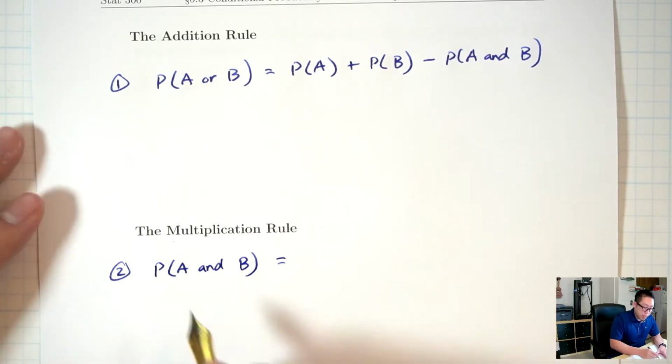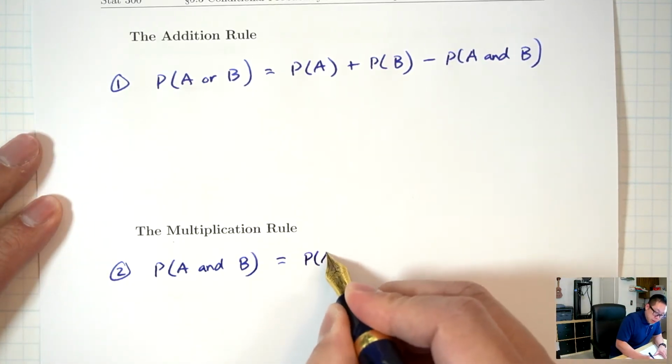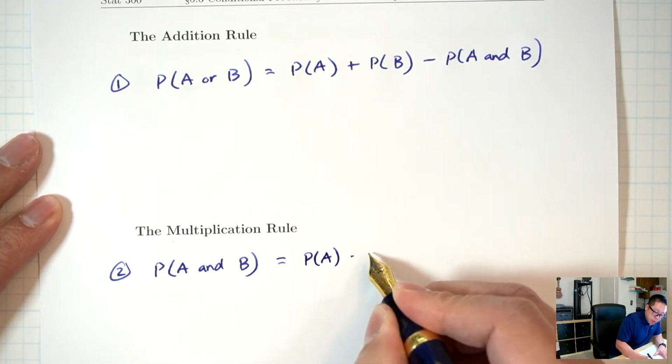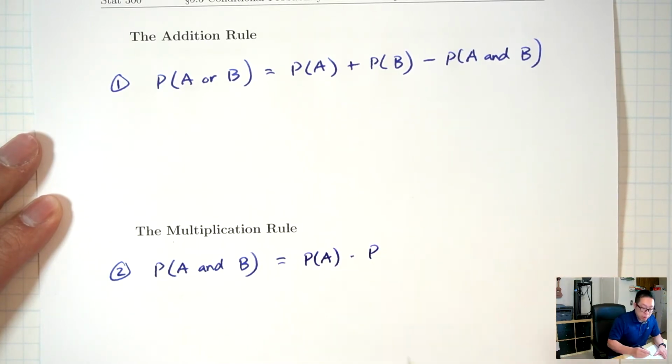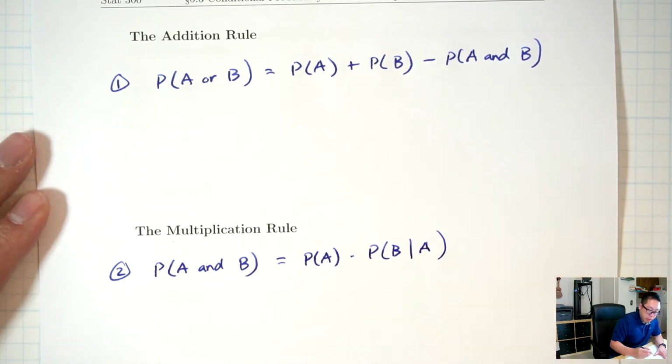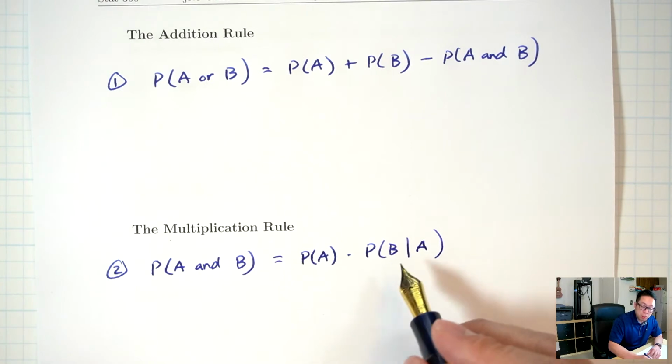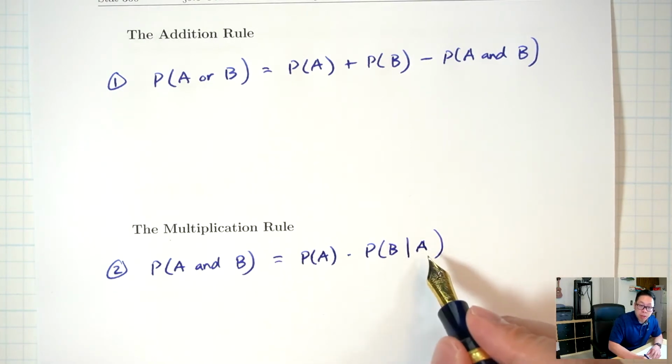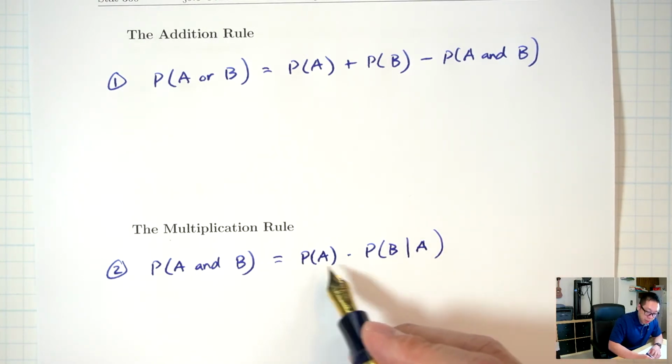It says the probability of A and B is the probability of A times the probability of not just regular B, but B given A. Remember, for conditional probability, the ones that have the given, the order does matter. So make sure it's A and then B given A.